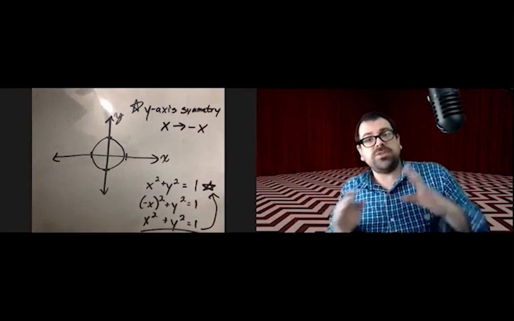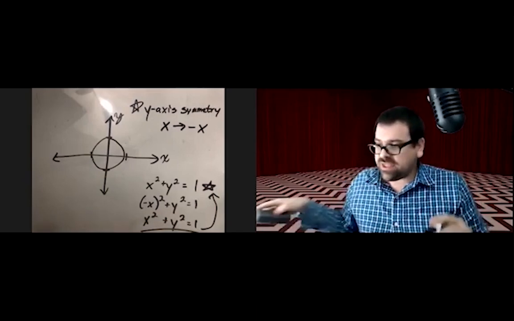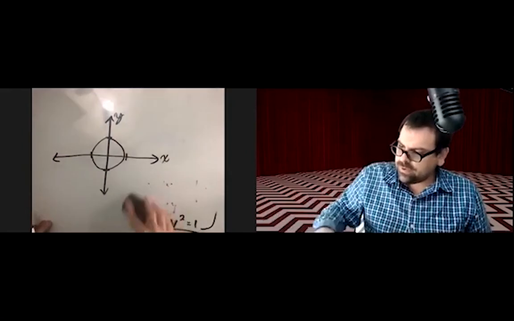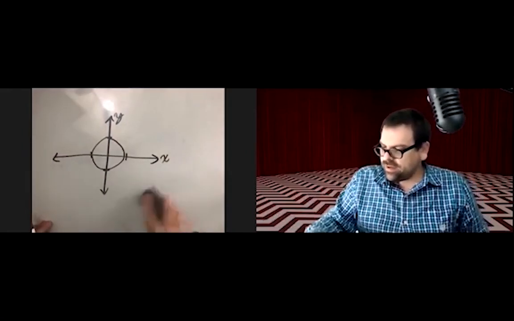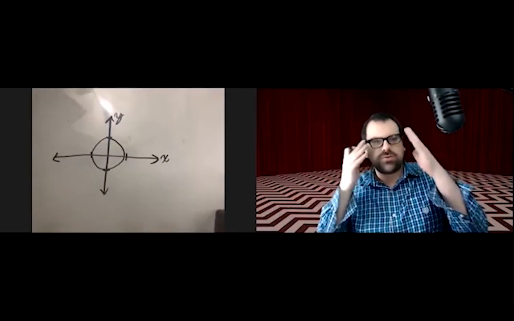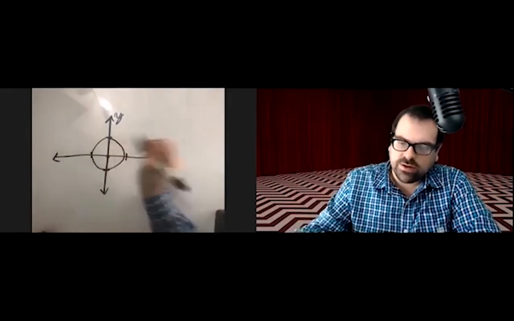So we talked about these two last time. There is a third type of symmetry. And you're thinking, well, there's only two axes. What else can we possibly be symmetric about? It's going to be this point right here.